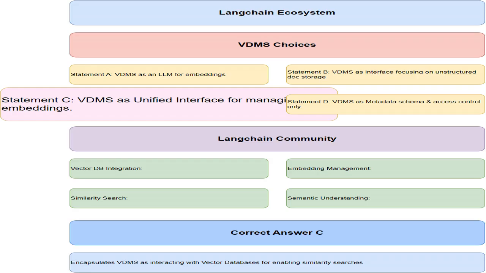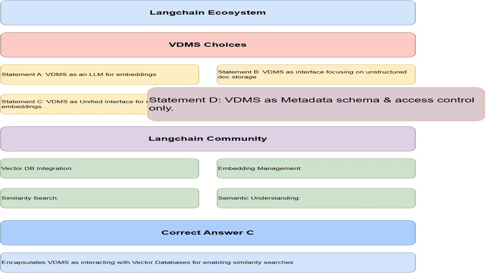Statement C describes VDMS as a unified way to interact with vector databases. In other words, it offers functionalities such as creating, querying, and managing embeddings. Statement D presents VDMS as focused strictly on the metadata schema, which is like the blueprint for data, and access control, or security mechanisms. Though these are important, they aren't the whole picture.